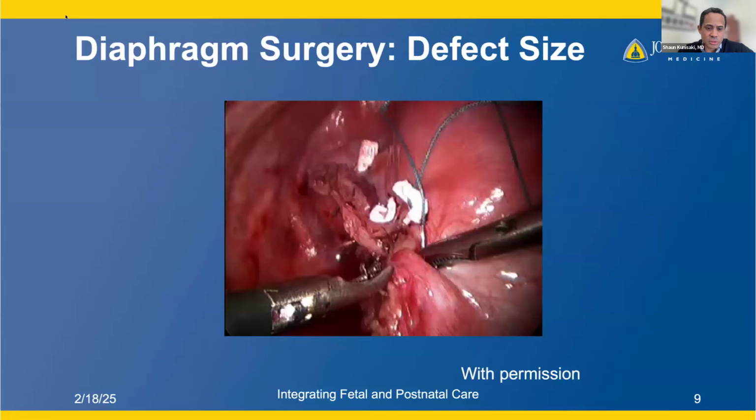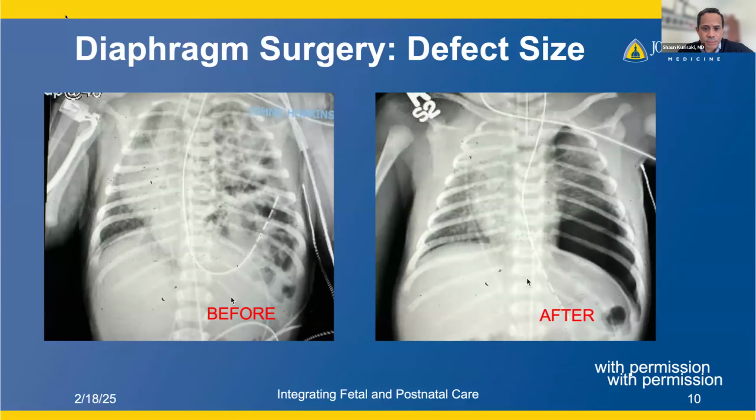We're asked to essentially do very complex sewing of a very thin and fragile tissue through a working space that's about the size of a small orange. So it's a little bit challenging, but we're successful, at least for most of these smaller defects that do not require a large patch.